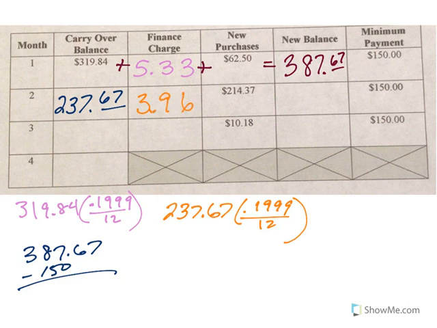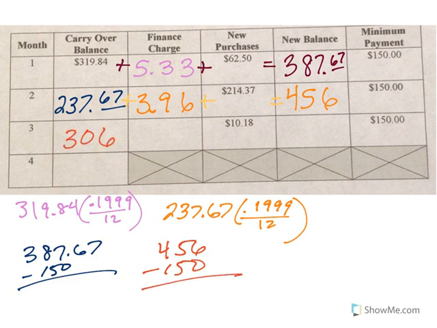So I add carryover balance plus finance charge plus new purchases, and that gives me a new balance of $456. If I owe $456 and I pay $150, my carryover balance for the next month is $306. Well, that's more than month 2, so my finance charge will be more than month 2.